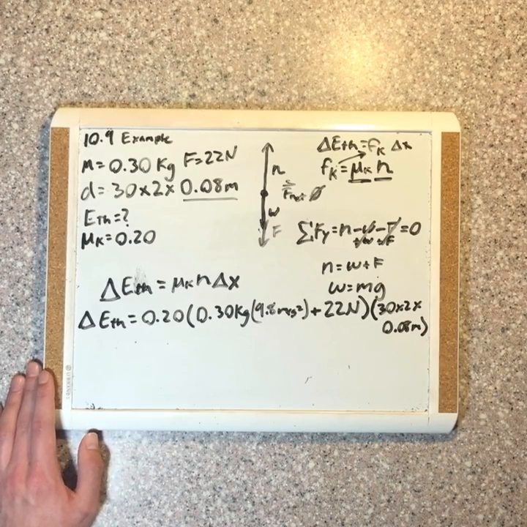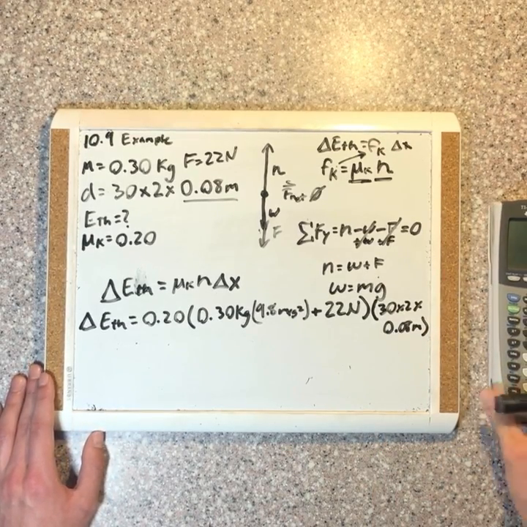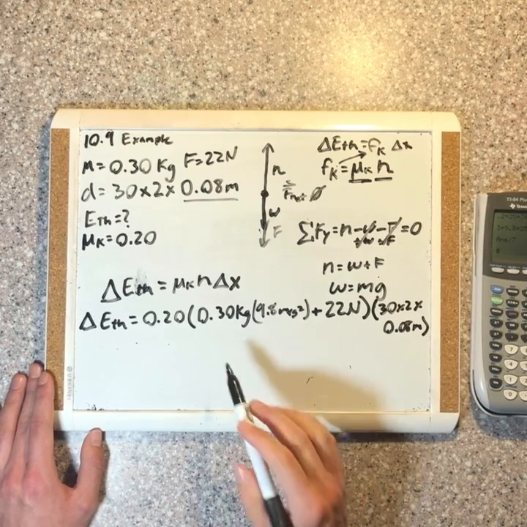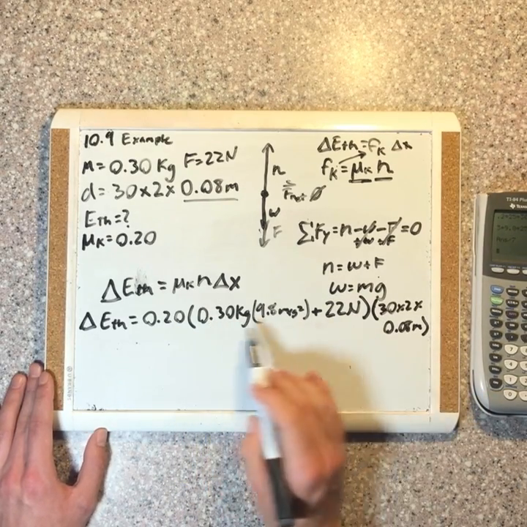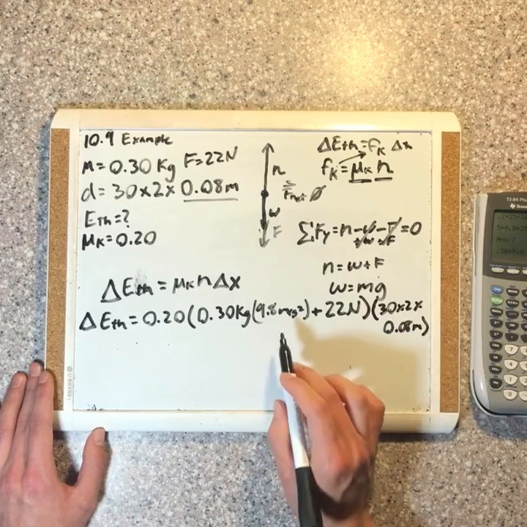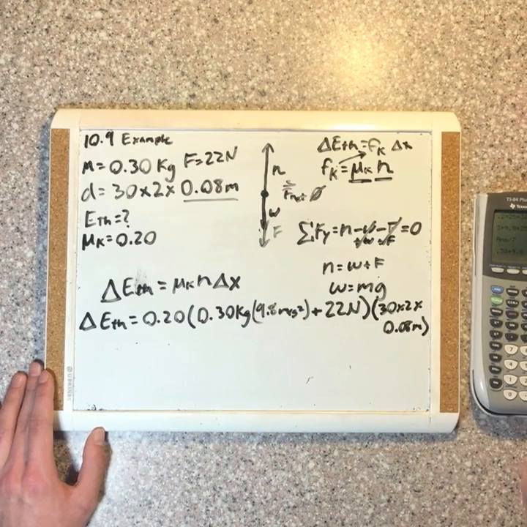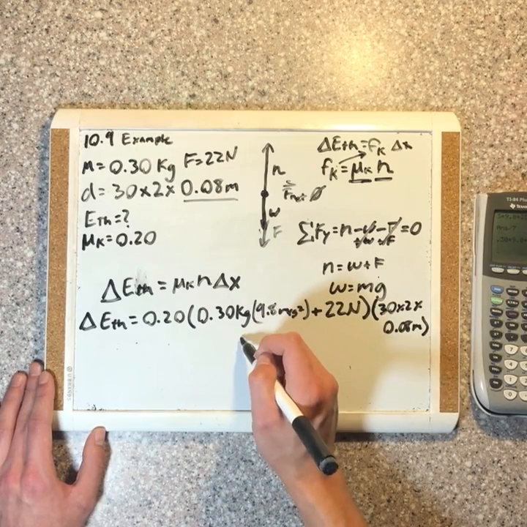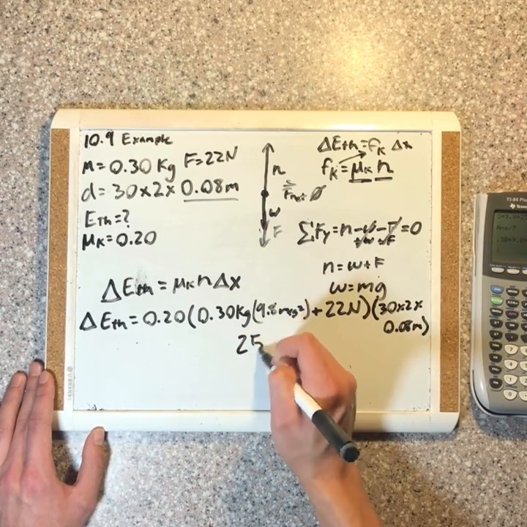Go ahead and get our calculator out, and let's break this down. Let's solve for the normal force here. So we have 0.30 times 9.8 plus 22. All that together is going to give us 25 newtons.